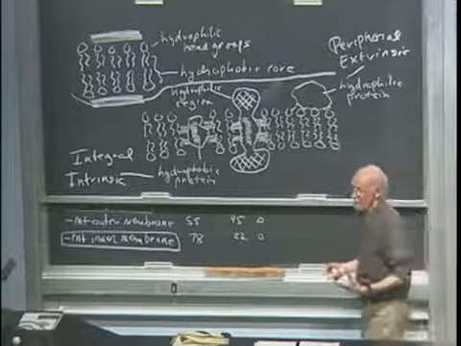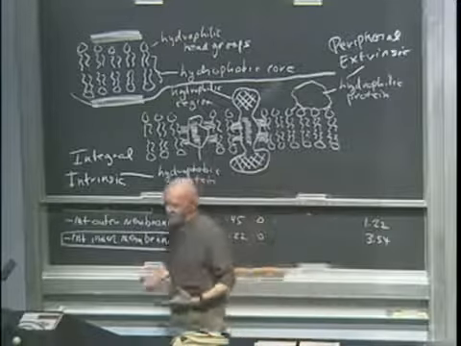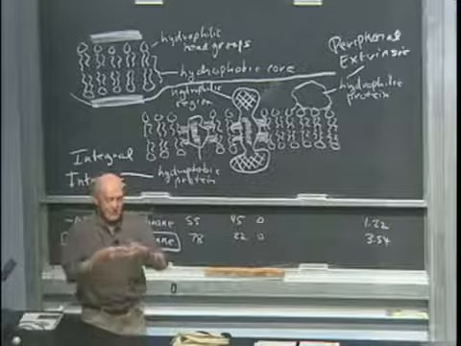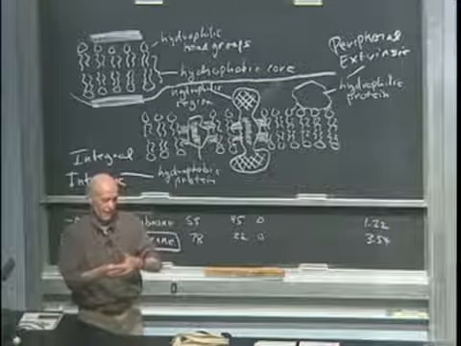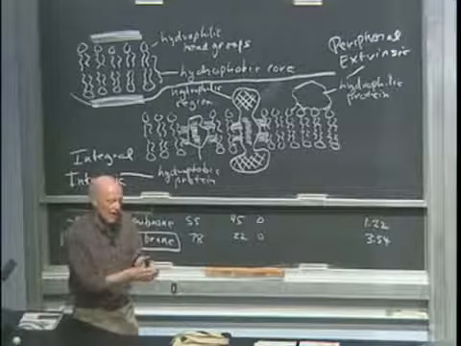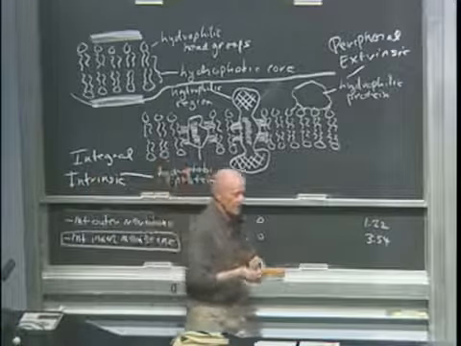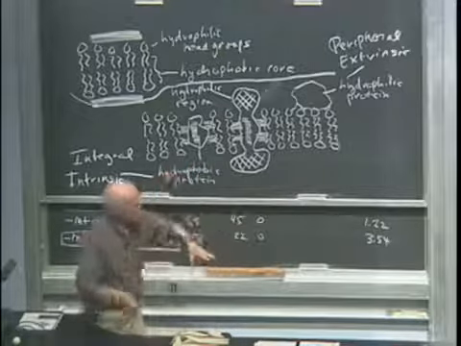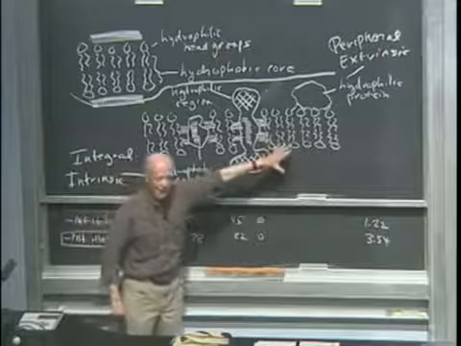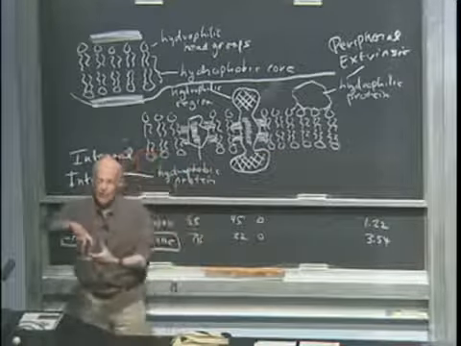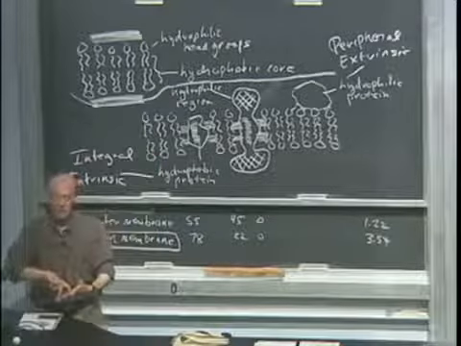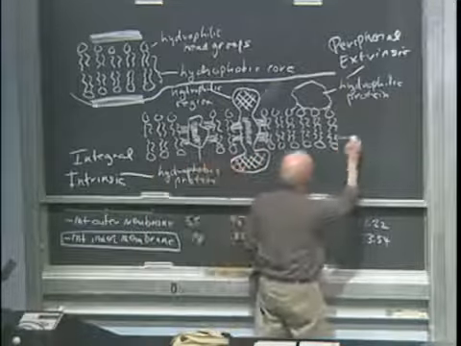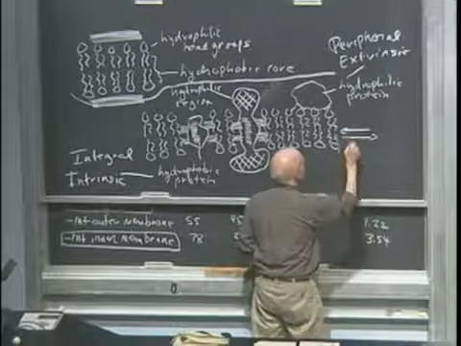The new concept that Singer and Nicholson came up with was that the protein is not static, not rigid, it's fluid. The best analogy I can give you to think about is you have icebergs that are floating around in an ocean. The ocean is basically the phospholipid bilayer, and the icebergs represent the protein molecules. So the lipids are certainly mobile. They can move in this direction or that direction.